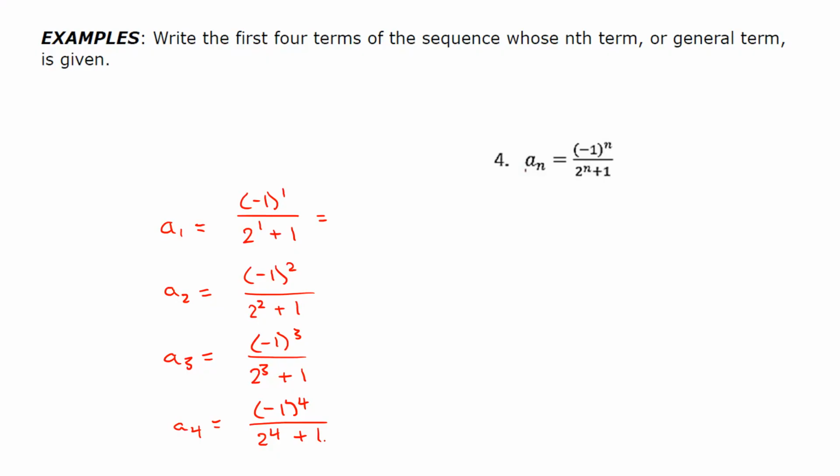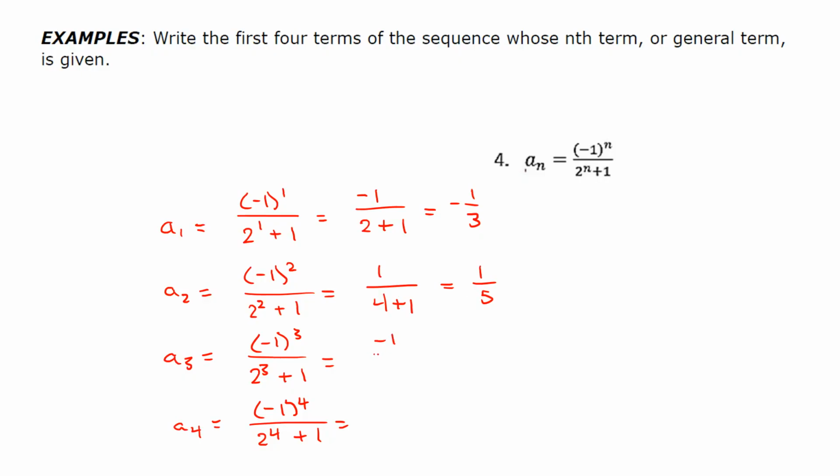Okay, so now that I've set each one of them up, I can now simplify. So I have negative 1 and then 2 plus 1, so that will be negative 1/3. Then I'll have a positive 1, then 4 plus 1, which is 1/5.